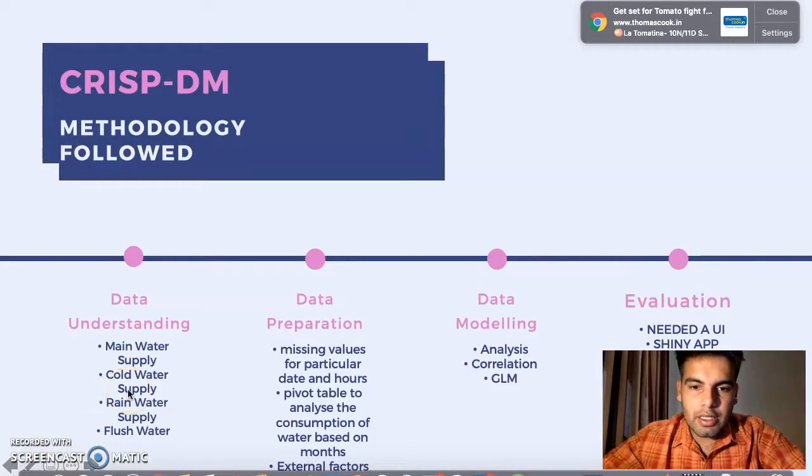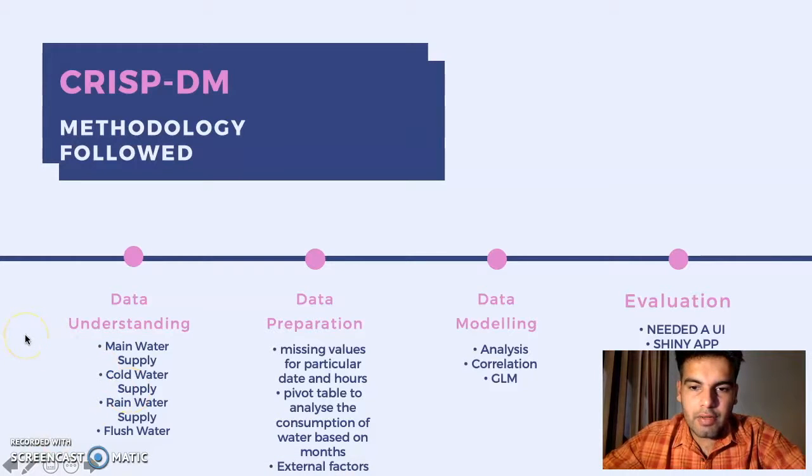For gaining in-depth insight and understanding of our datasets, we used the CRISP-DM methodology for data understanding. This phase helped us in familiarizing with the data, analyzing the variables in our dataset, and assessing the quality of our dataset. The first step was data understanding.